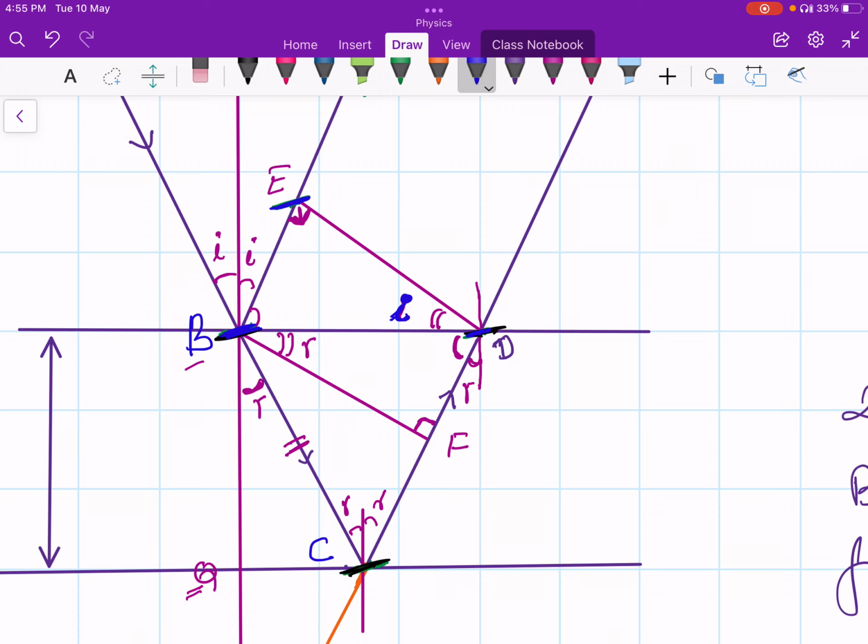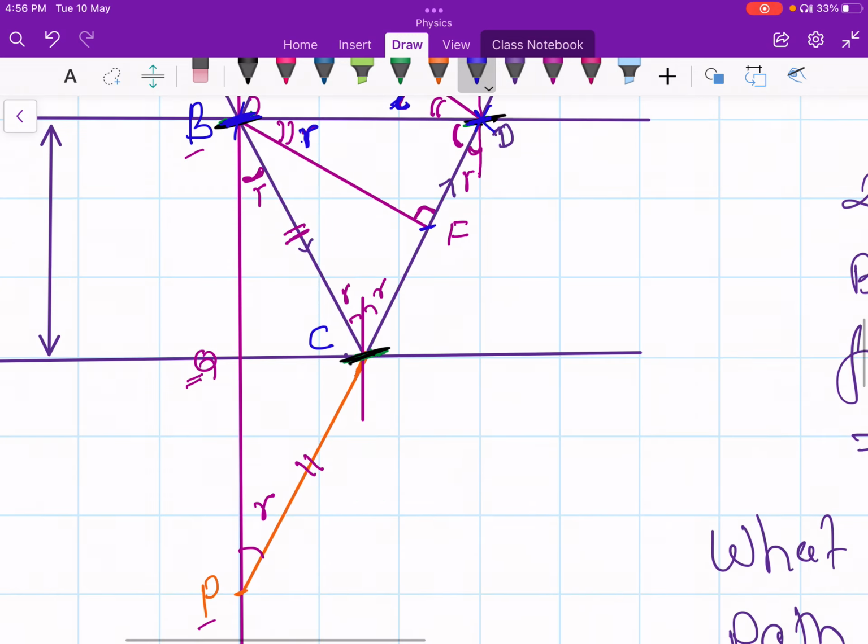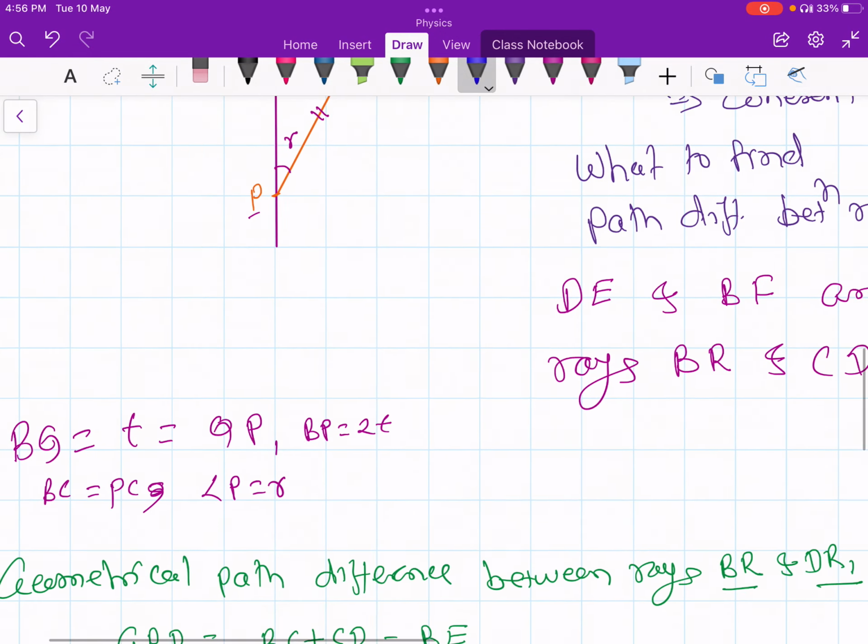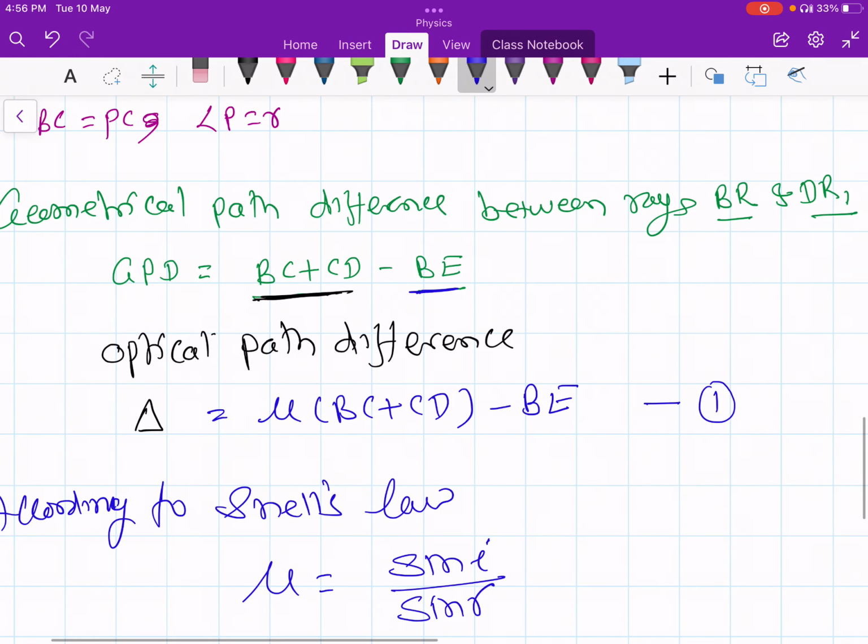And sin R, this is the R, sin R is equal to FD upon BD.